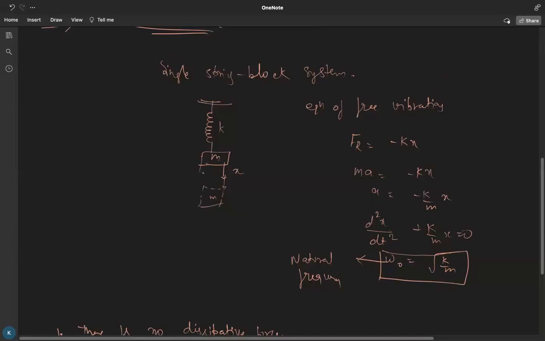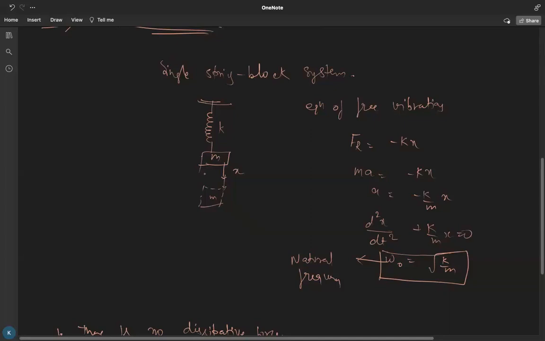I hope you all understand what I'm trying to say. There is no external force acting on the single spring block system that affects the oscillatory motion done by the mass m.